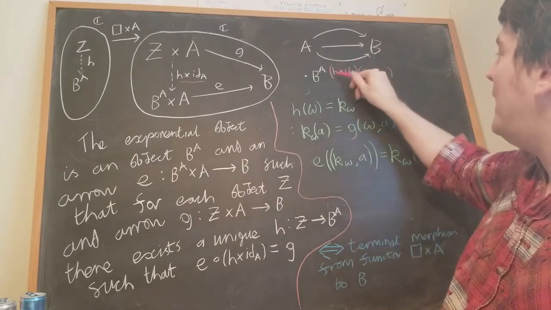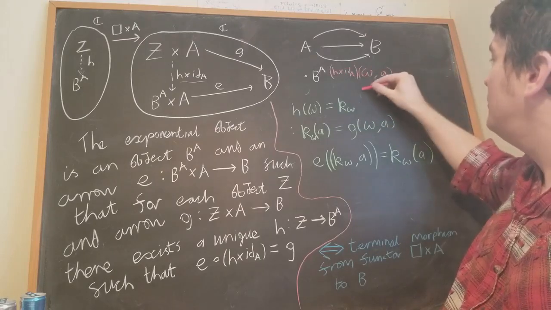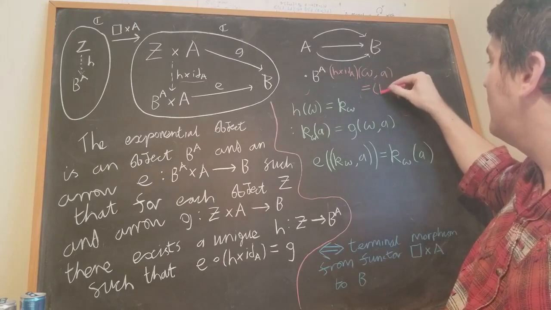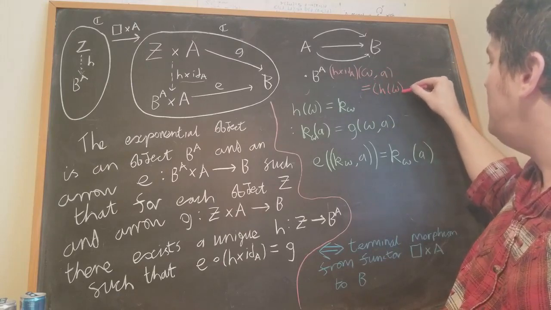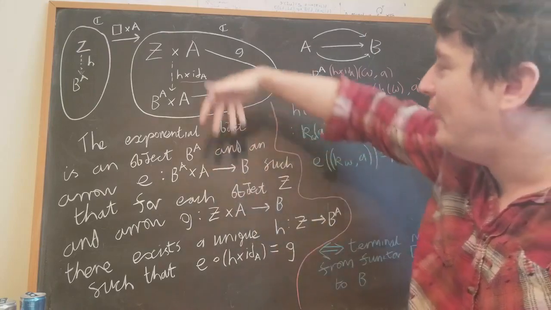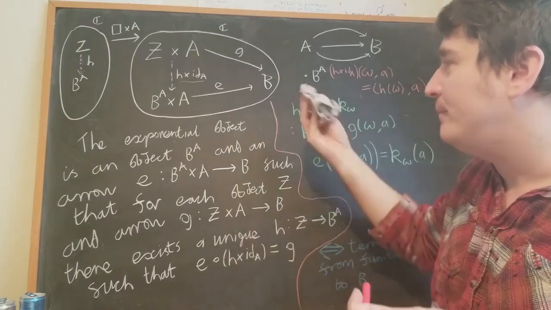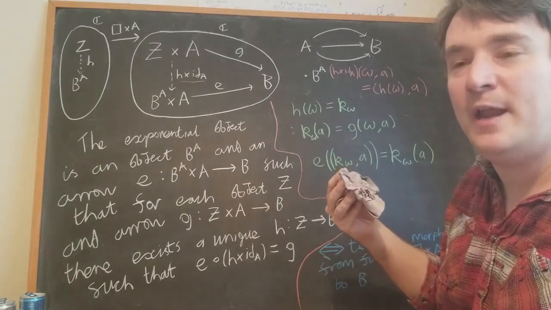Well, we're just going to operate H on the first element and id_A on the second element. So we'll just get H of w, and we'll leave this little a alone here. Okay, so that's how this would work in the category Set, but you can refer to my previous video.